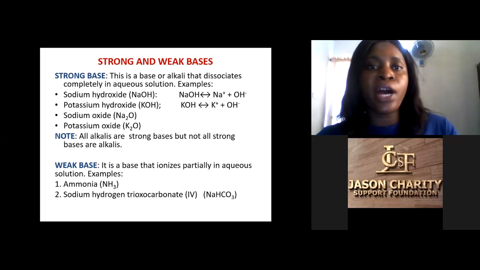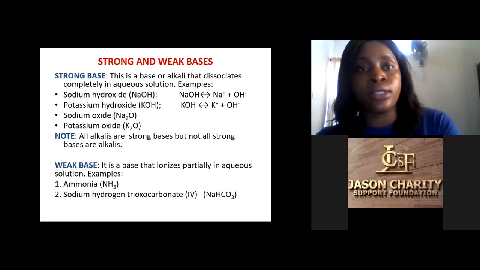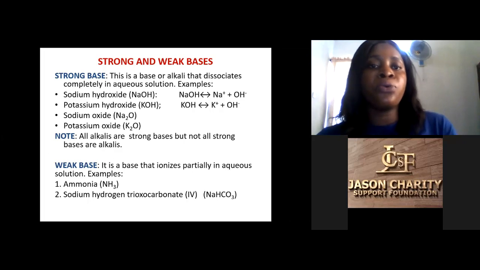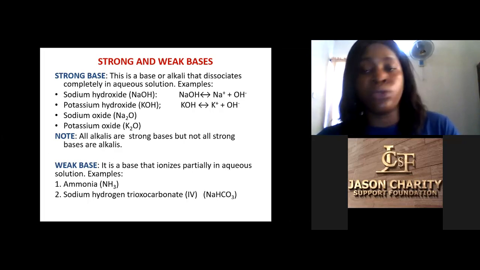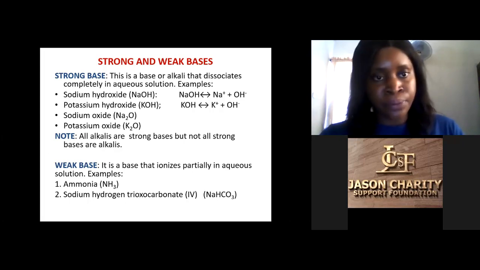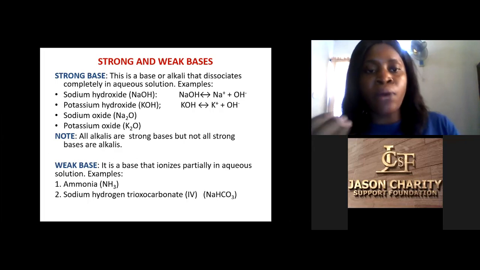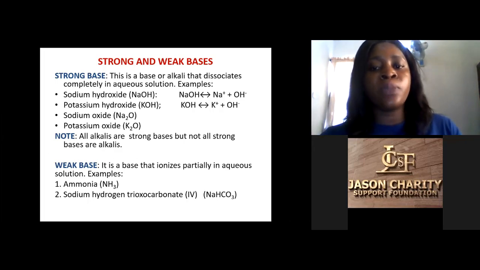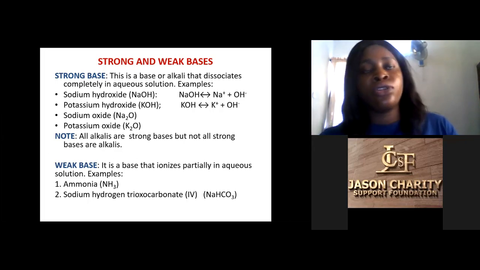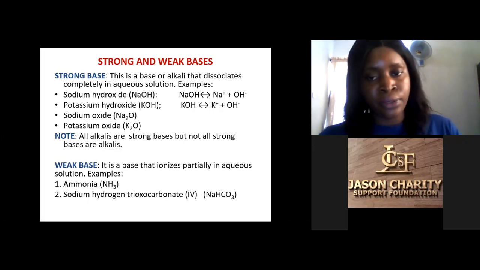Now here I also have the classification of bases. So we have the strong and the weak bases, just like we have strong and weak acids. The strong ones are bases or alkalis that dissolve completely in aqueous solution to produce hydroxyl ions, while the weak ones ionize partially in aqueous solution to produce hydroxyl ions.